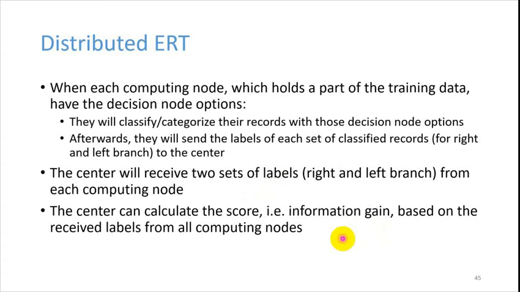And the center will receive this information. It will receive two sets, one containing the labels of the records that were classified in the right branch, and one containing the labels of the records that were classified in the left branch, for every decision node from every party. And I'm going to explain this through an example in the following slides.